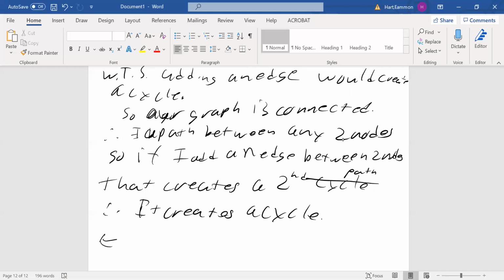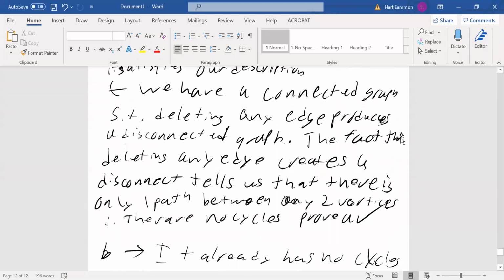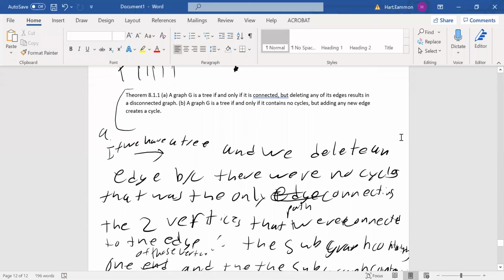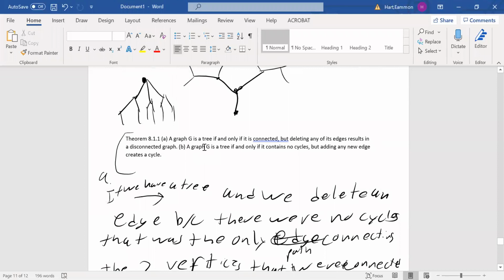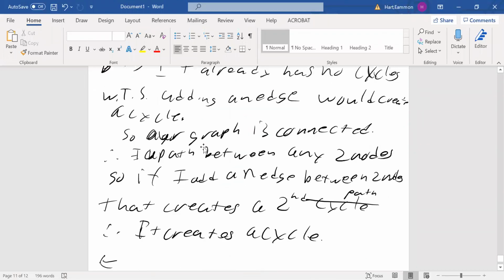Now, if I want to prove the opposite direction, I already have that it contains no cycles, but adding a new edge creates a cycle.